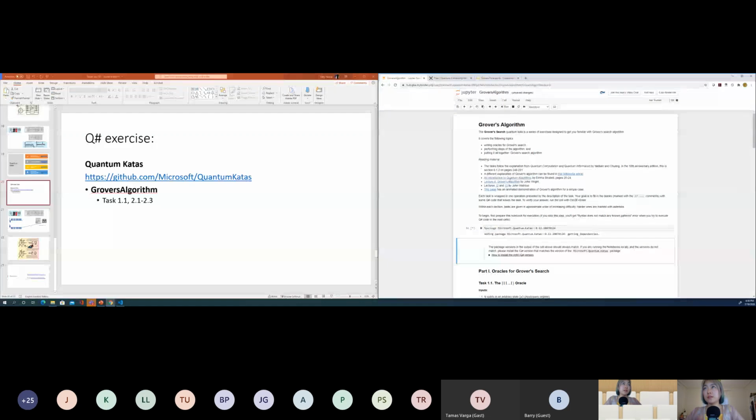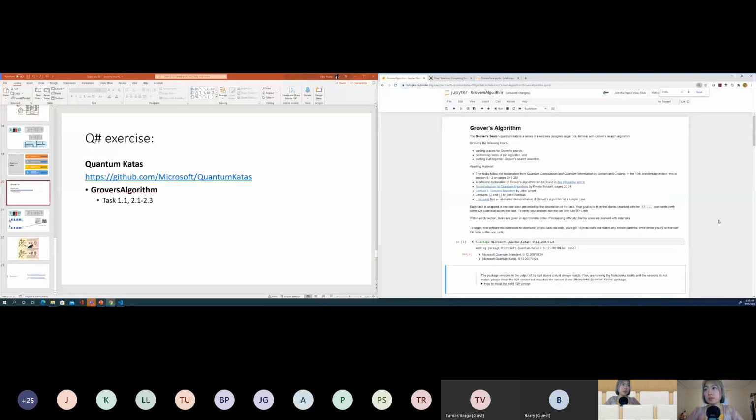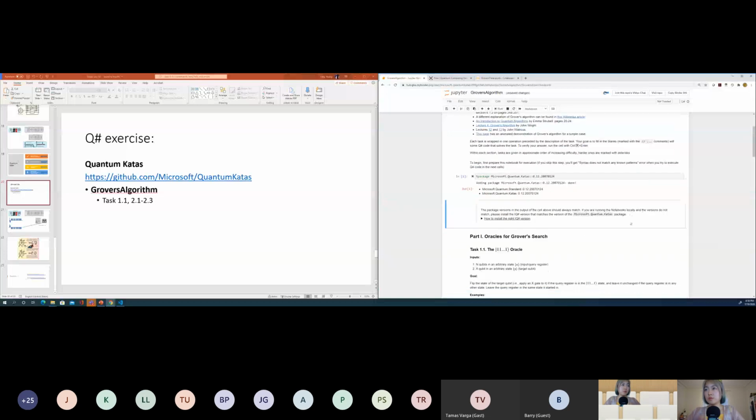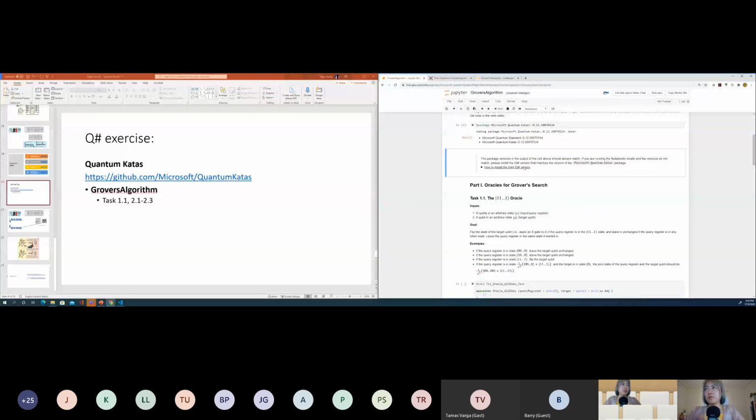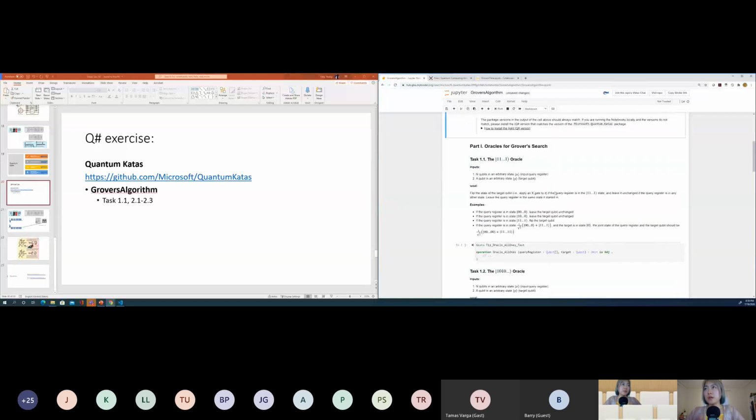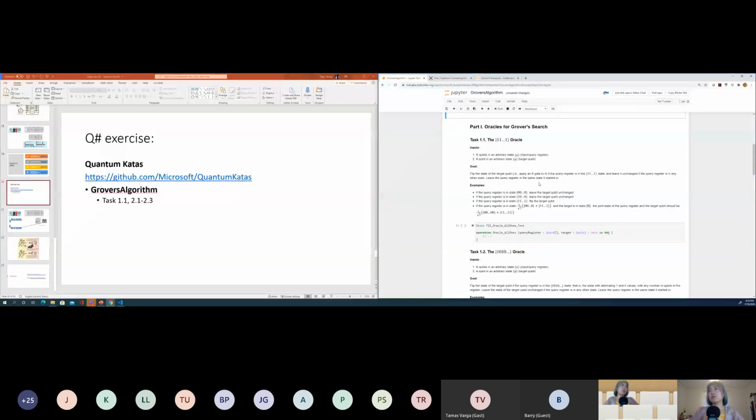So when you open the Grover's algorithm on the katas, this is the no-installation option, the Jupyter Notebook on Binder. Feel free to read the earlier ones when you have time. So we're just going to go to task 1.1 here.